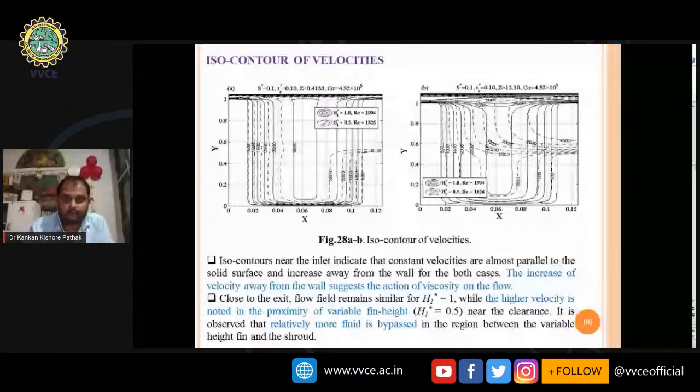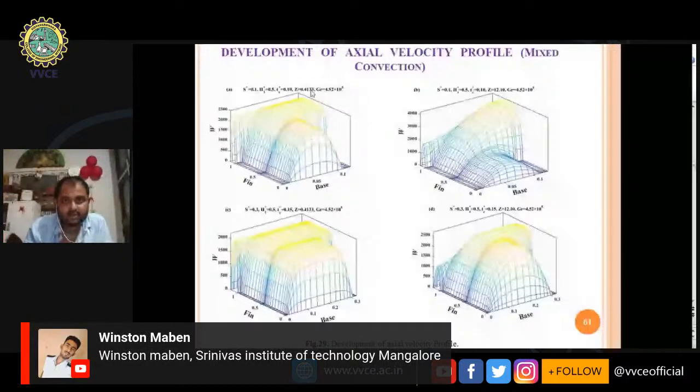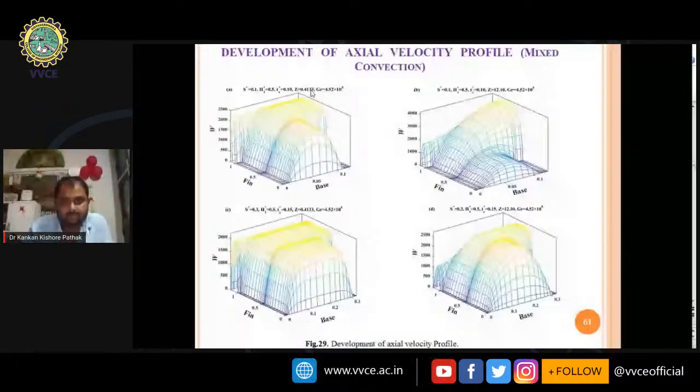And these are the three-dimensional figures. You can see that it is almost constant along the fin. A parabolic distribution is obtained, and in the clearance region, this is for the very inlet condition, and gradually it is developing. Now you can see this is for the exit, and this is for 0.1 fin spacing, this is for 0.3 fin spacing.